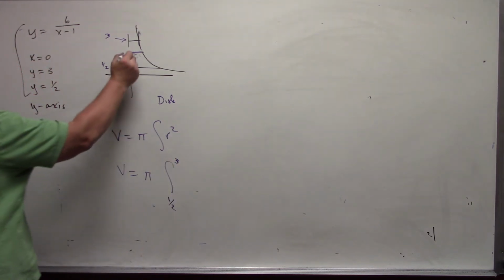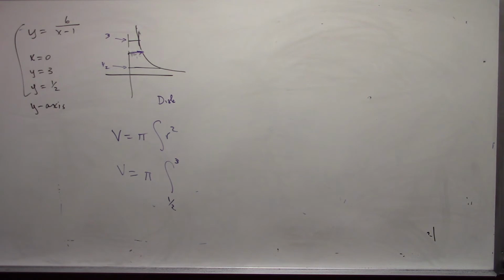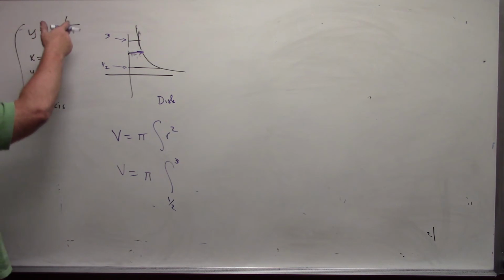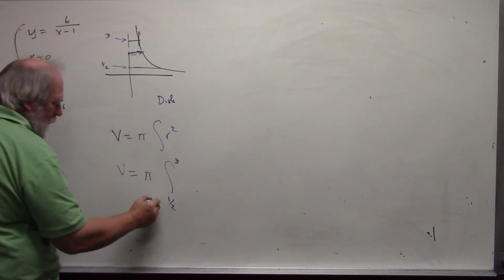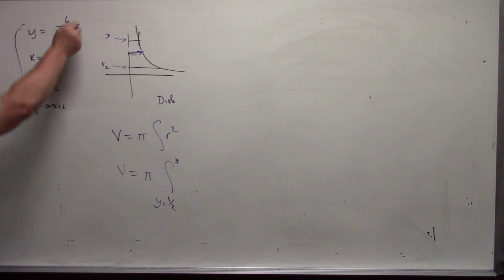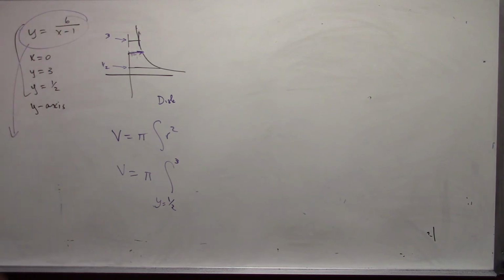The radius is the distance to the curve from the axis. That would be the distance to y equals 6 over x minus 1. However, these are y values. Again, I have to switch my function. So 6 over x minus 1, if I want to solve this for x, becomes y times x minus 1 is equal to 6, or xy minus y is equal to 6. xy is equal to y plus 6.